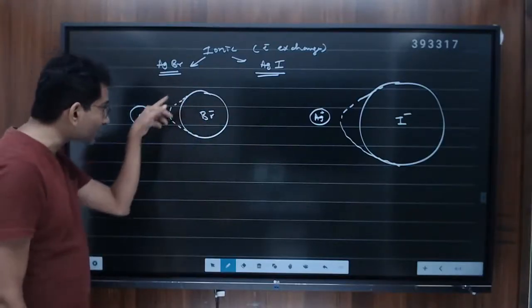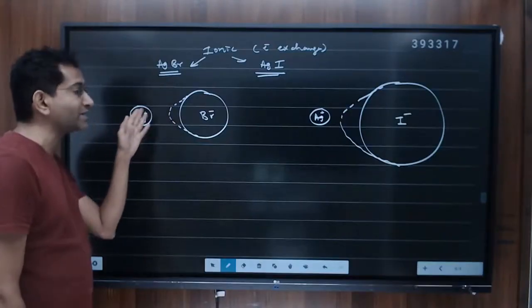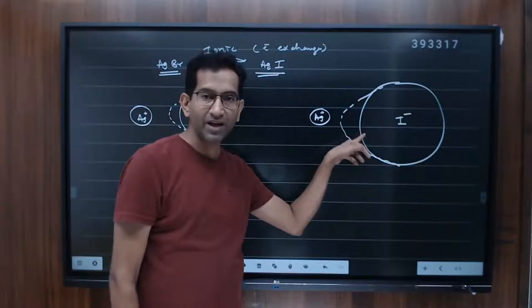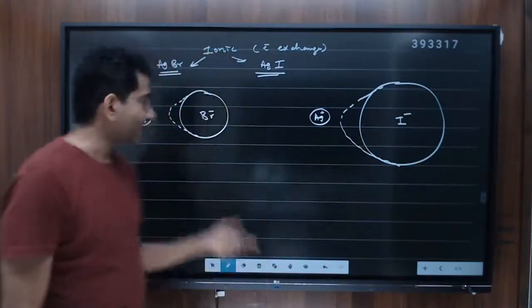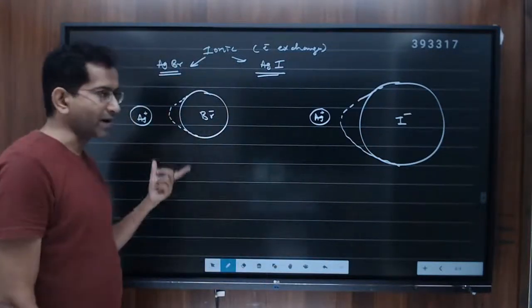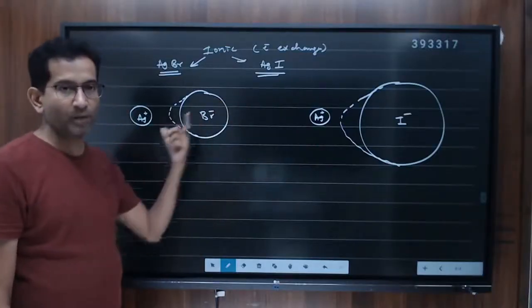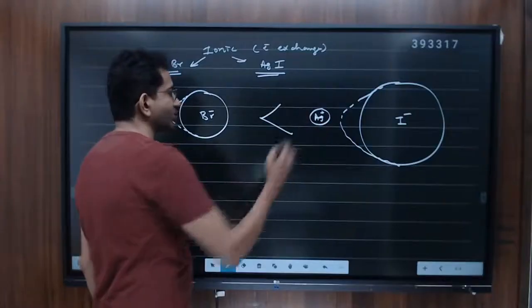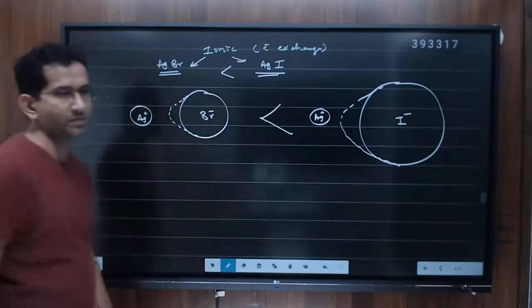So its electron cloud will be attracted towards Ag+ a little less as compared to AgI. So if you want to compare, the polarization will be more in case of AgI as compared to AgBr.